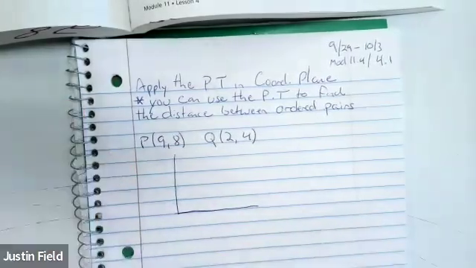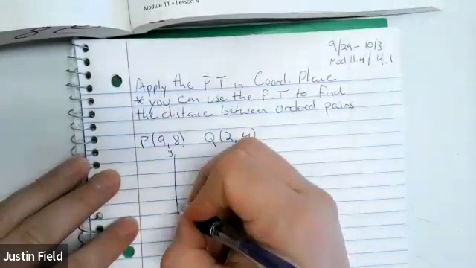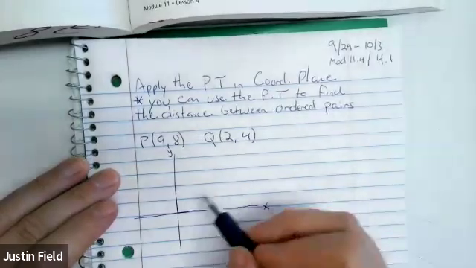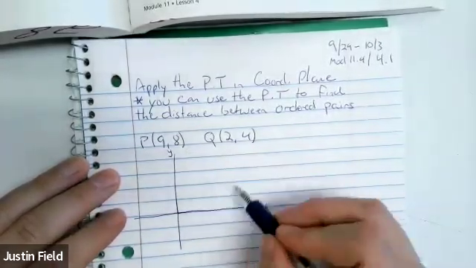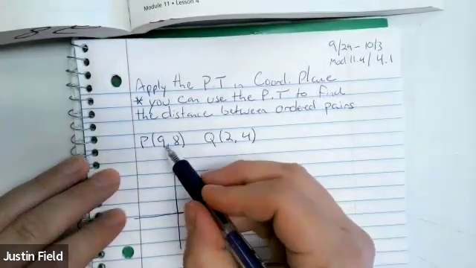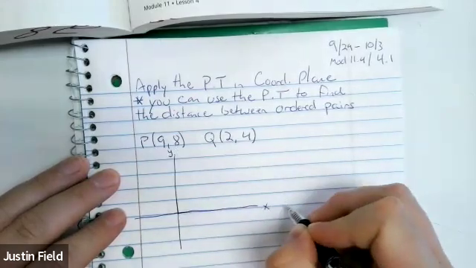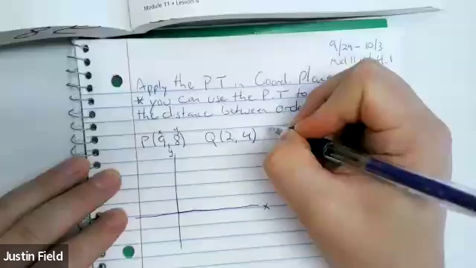When I say sketch a graph, I mean you draw the x and y axis. A lot of times in 8th grade and beyond, we draw all 4 quadrants, but this is all positive, so we'll focus right here in quadrant 1. And 9, 8 is our first point. So I'm going to make 9 ticks on the x-axis because this is our x, right? This is our y.